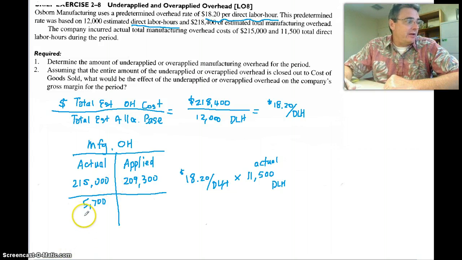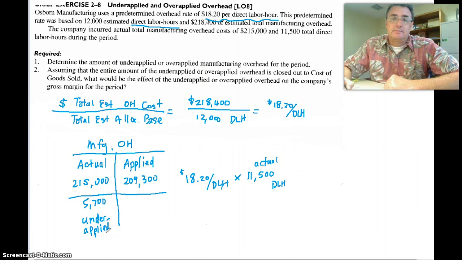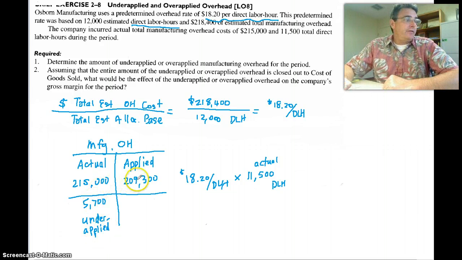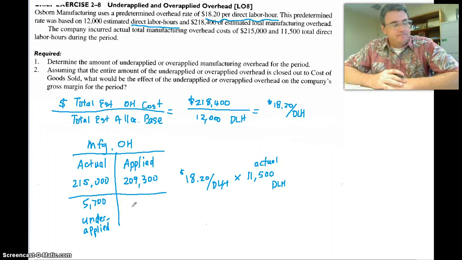So anytime you have a debit balance in your manufacturing overhead account, you can say that is underapplied overhead. If the applied number happened to be larger than the actual number, then we would have had a credit balance, and we would call that overapplied overhead.